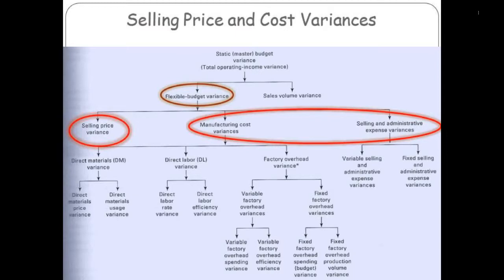We've seen that we can calculate the flexible budget. That's what we did before this little diversion. Now let's see how we can break that flexible budget down and get more knowledge.